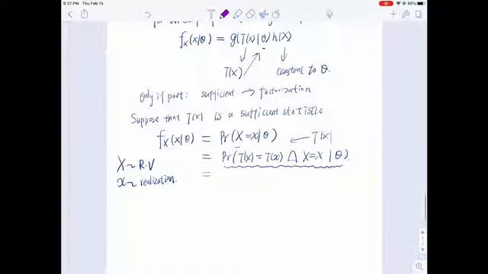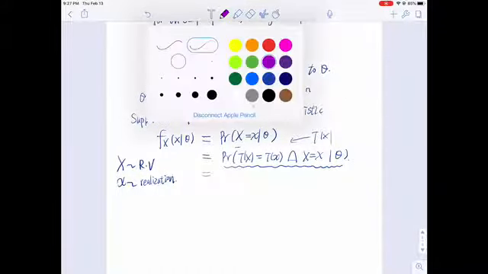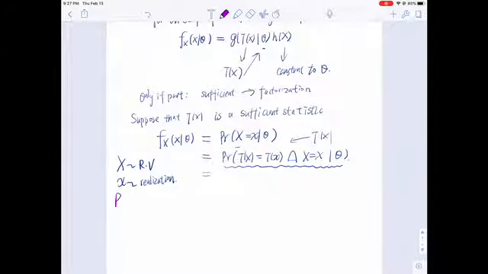So let's first look at how we can write out this joint probability. Let's first see how we can write out this conditional probability.